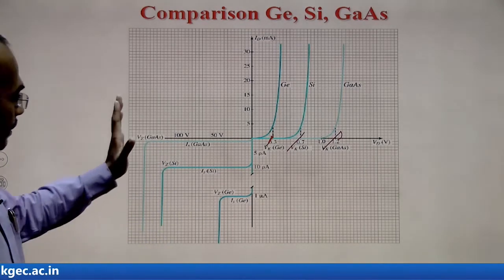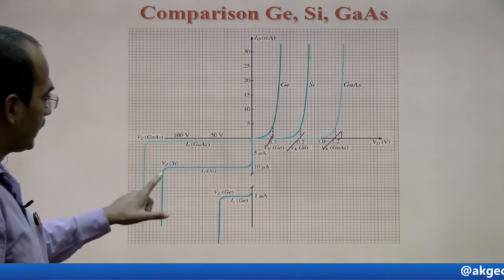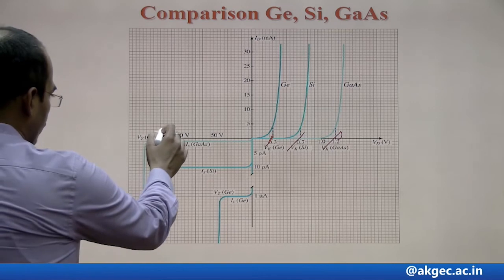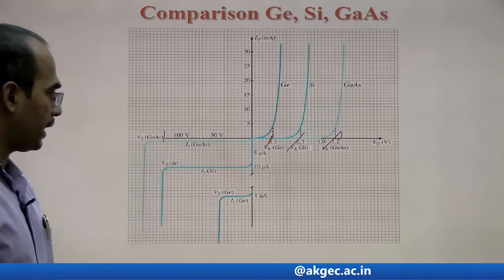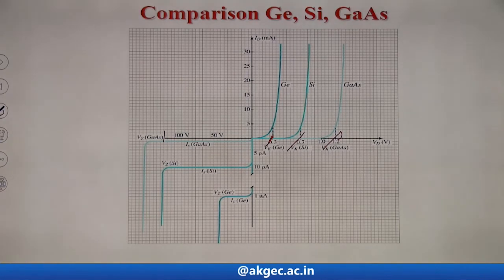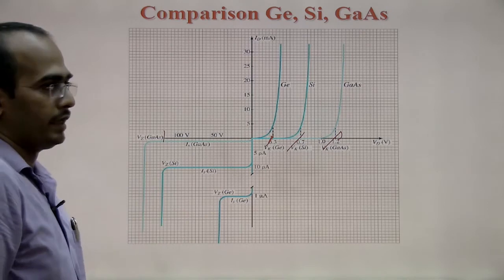When it reaches the breakdown voltage, the current suddenly increases. Similarly, in the silicon diode, when it crosses the breakdown voltage, the current increases suddenly, and the same happens in germanium.